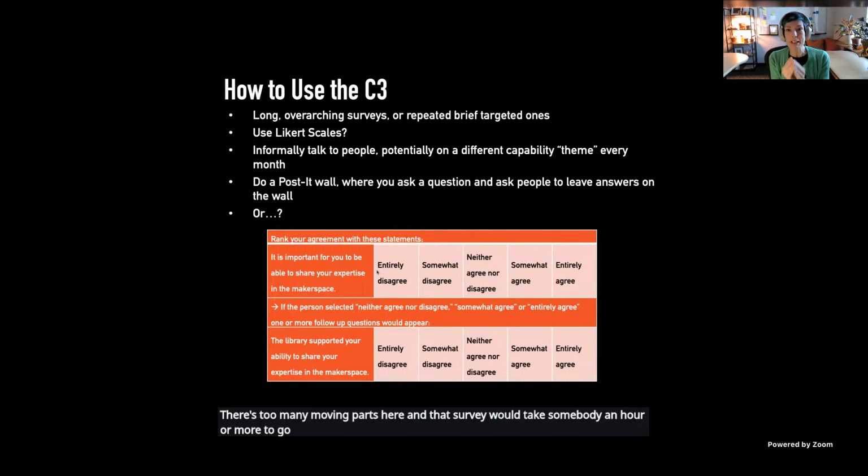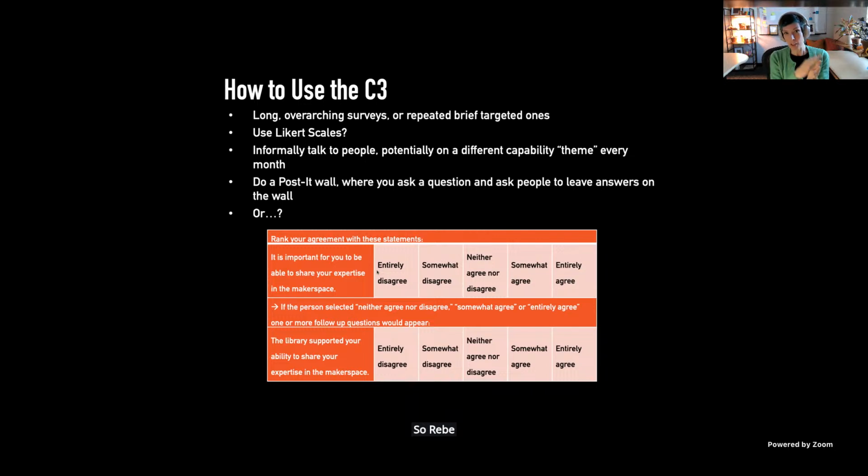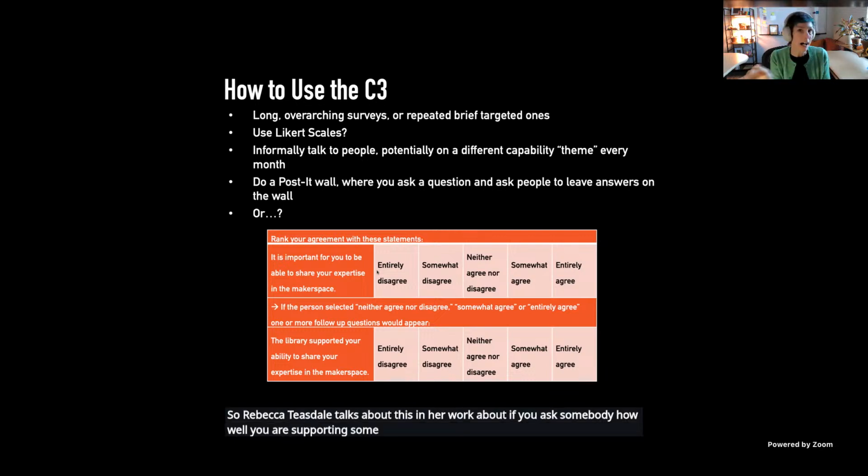I think repeated, brief, targeted surveys using Likert scales would be a really useful way to determine both what is important to people, but then also how well you're doing in supporting it. Rebecca Teasdale talks about this in her work: if you ask somebody how well you are supporting some particular goal that is not relevant to their needs, you're not going to get good data.